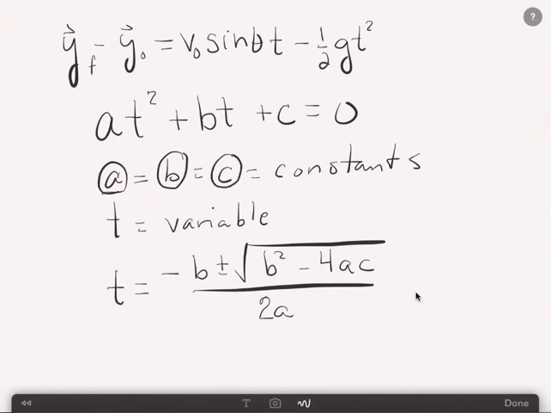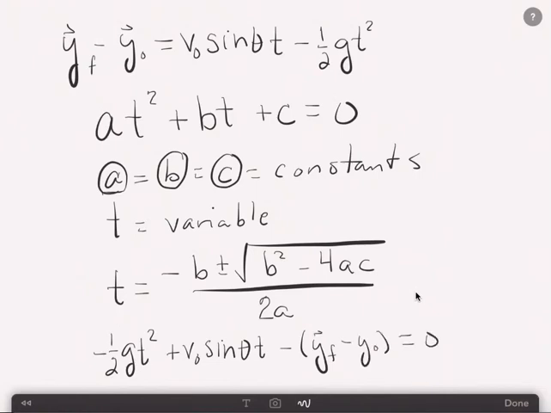In this particular case, and I'm going to rewrite the equation first, we have 1/2 gt squared plus initial velocity sine theta t minus the displacement in the y direction, all equals 0.